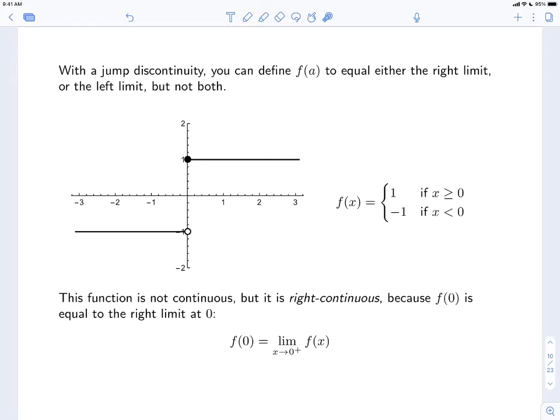If it's just a hole, you can fill it in, but with a gap or a jump, it's not so simple. In this case, we have what's called a right continuous function, because f at 0 is equal to the right limit at 0. F at 0 is equal to the limit as x approaches 0 from the right of f at x. So this is a right continuous function, but it's not left continuous.